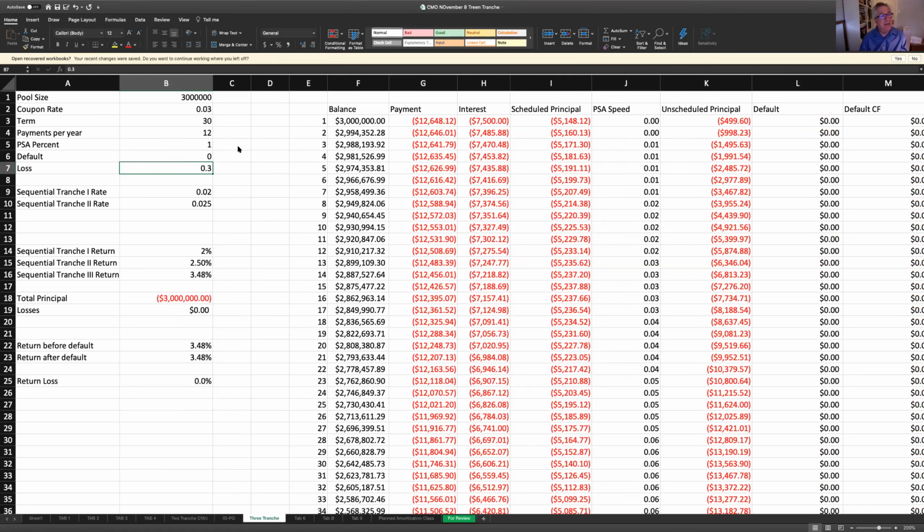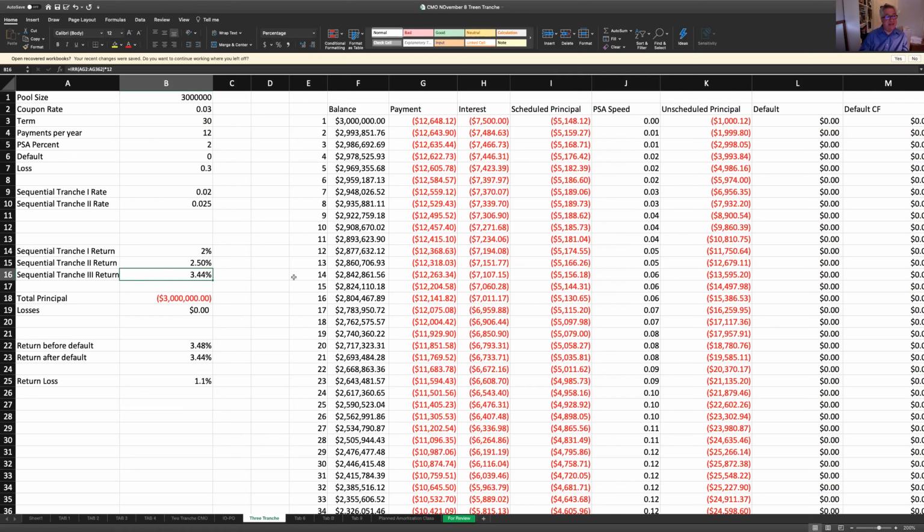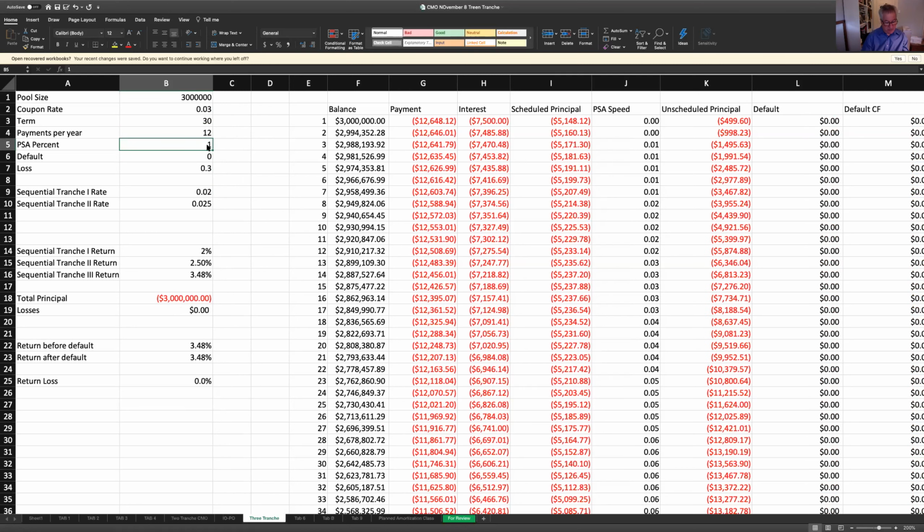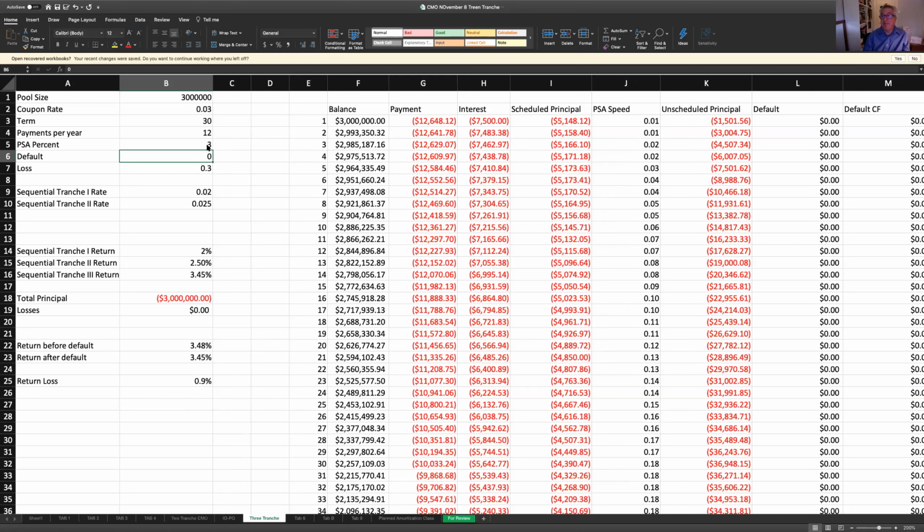There we go. We can also play around with, okay, what's the impact of changing prepayment? So if we move this to 200%, what does that do to our return? And what it does is it actually hurts tranche 3 because the first two guys are getting paid faster.